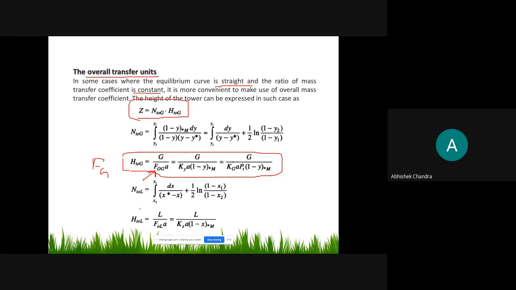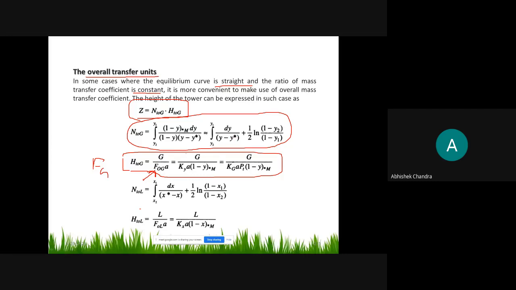And similarly you can find out the number of transfer units. The same thing here, because in this expression there is no change, but the only change visible here is that we are using equilibrium composition in place of interfacial composition.